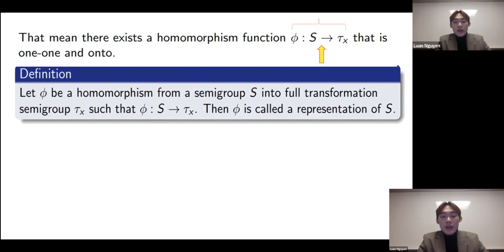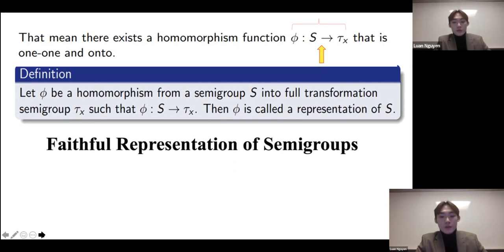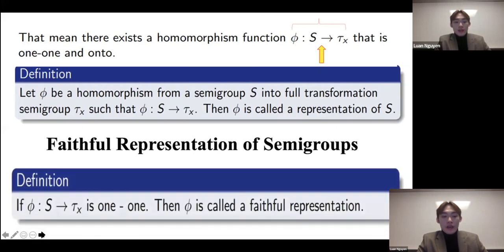And thus right now theta is called the representation of S, and if it is one-to-one, it has a new definition and is called a faithful representation of the semigroup. Which means if theta from S to tau S is one-to-one, then theta is a faithful representation of the semigroup.